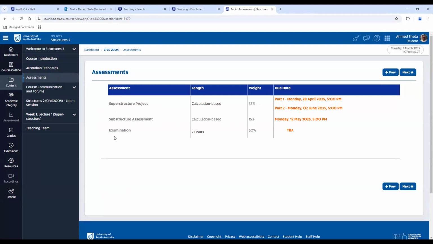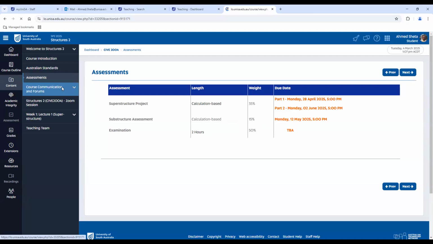The final examination will be weighting 50% of the total weight of the course, and it will be 2 hours, and it will be an online test, but the time will be decided later. So this is the 100% of the total weight of the course, distributed between 50% for assessment during the semester and 50% for the final test.